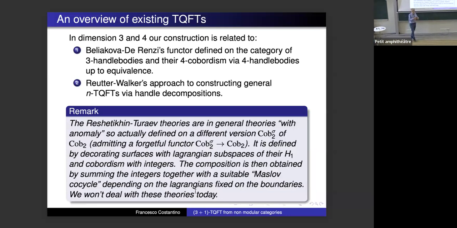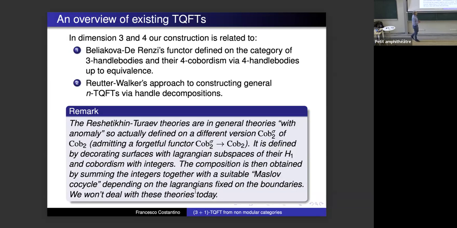Because the truth is that the starting category, the source category, is not COB2, it's COB2 with a certain decoration. I noted it COB2 sigma. So the decoration is the fact that these surfaces need to have some additional data, the data of Lagrangian in the H1, whatever it is, it's an additional combinatorial datum which is needed to resolve the anomaly of the TQFT.